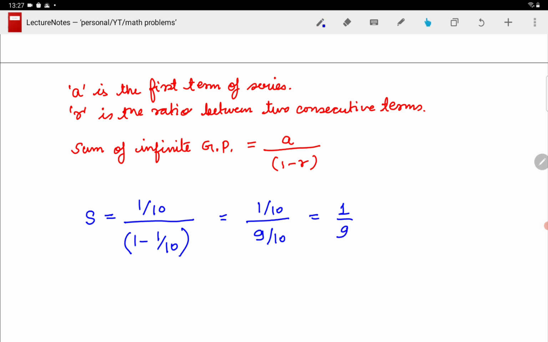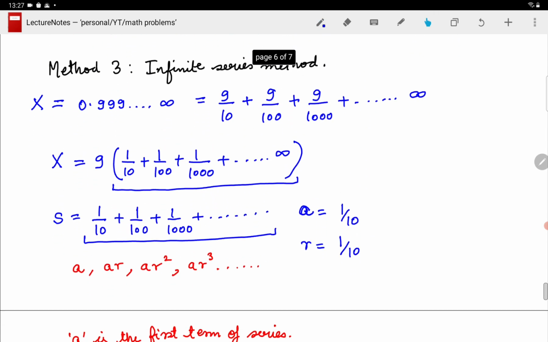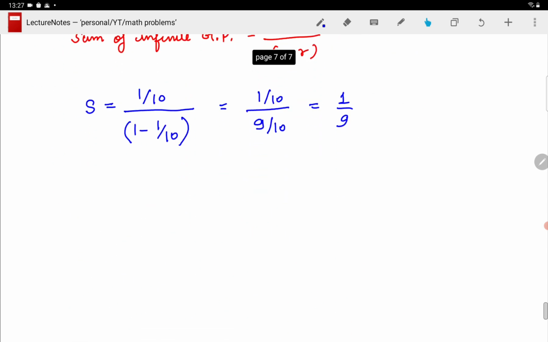Now remember, initially we started with trying to find out the value of x, and x is equal to 9 times S. So this becomes 9 times 1 by 9, which equals 1.